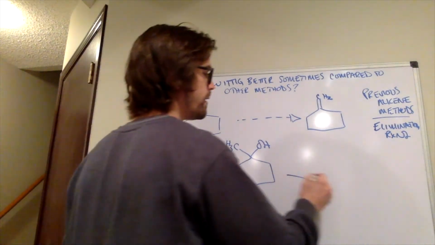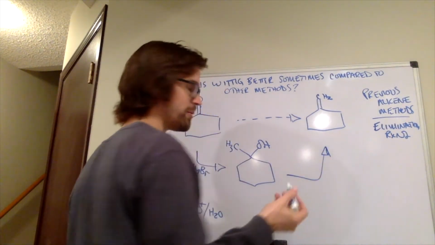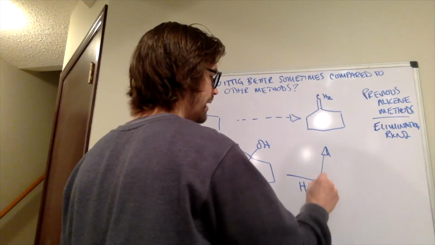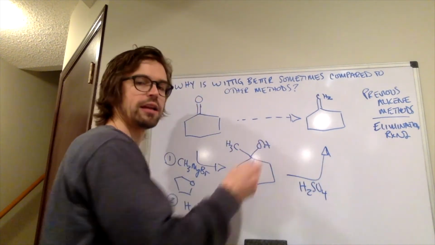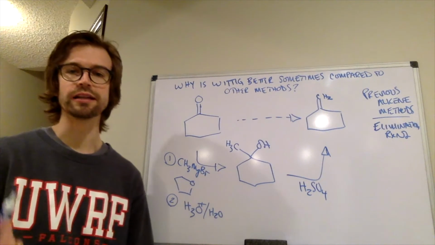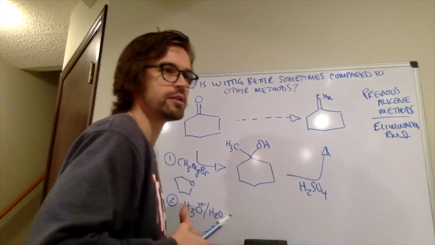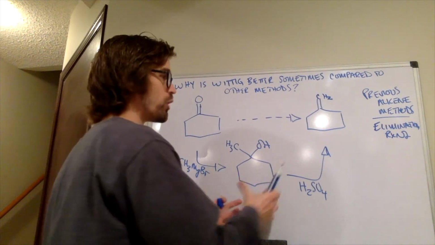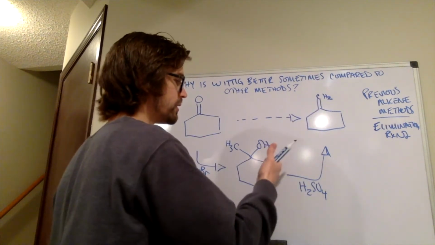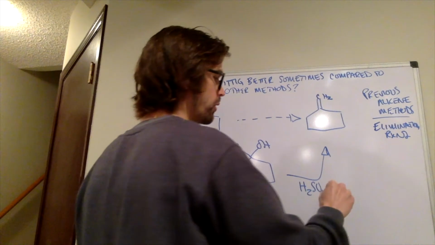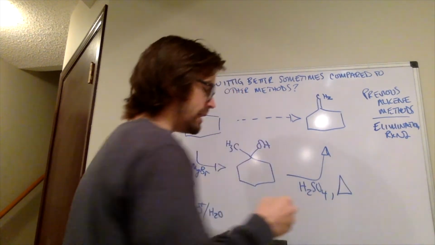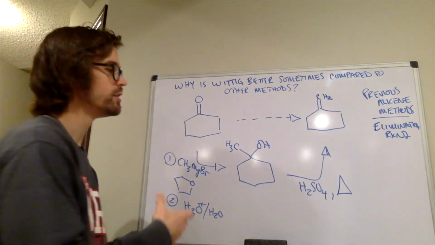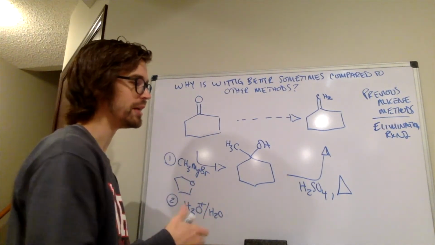How did we do that? That is a chapter 9 last semester type thing. But essentially, we added sulfuric acid. That protonated that alcohol, made it a really good leaving group. And to kind of force the molecule off, there's greater entropy in the products because we go from one molecule to 2 molecules. We added a lot of heat. So you'd essentially reflux the molecule in sulfuric acid to make the elimination occur.